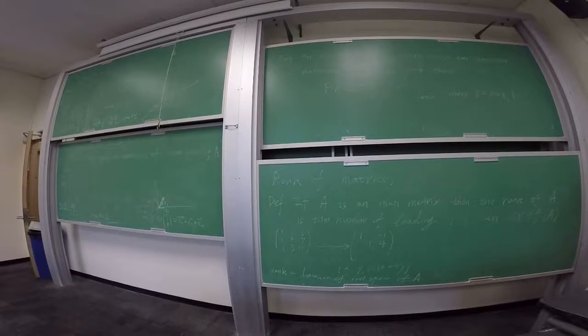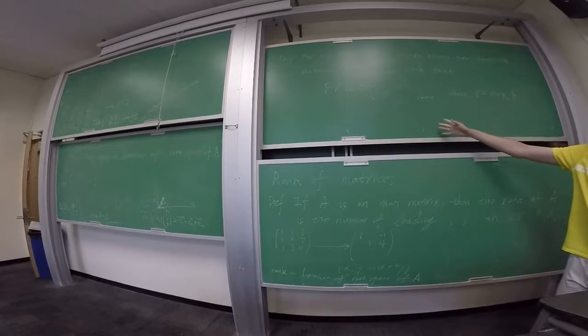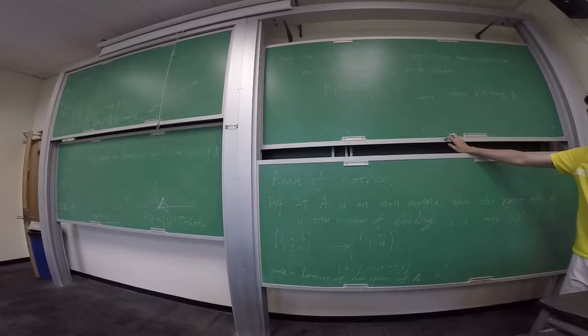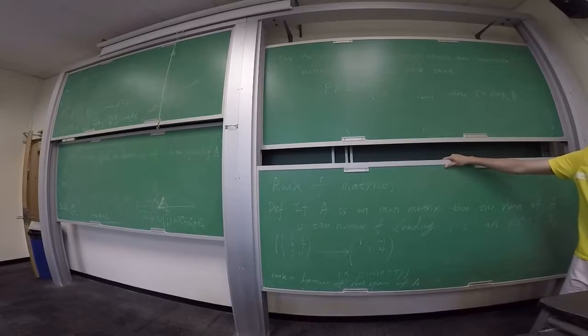So this proposition gives you the arithmetic expression of what rank is. It means that you can do row transformations on A and column transformations on A. And if you are allowed to do both rows and columns, the easiest form you could get is this one.